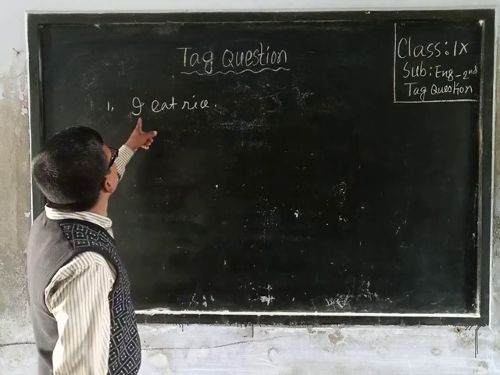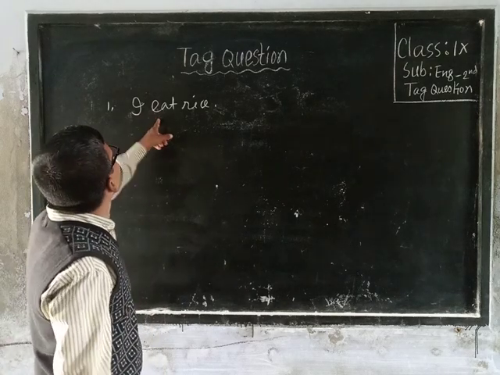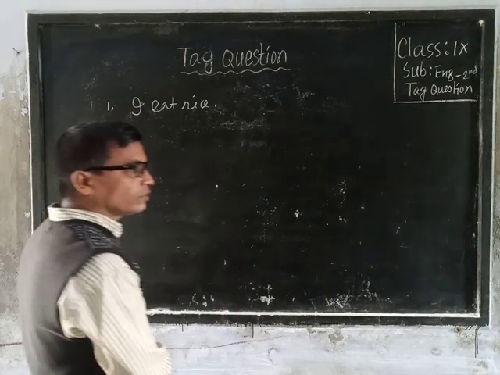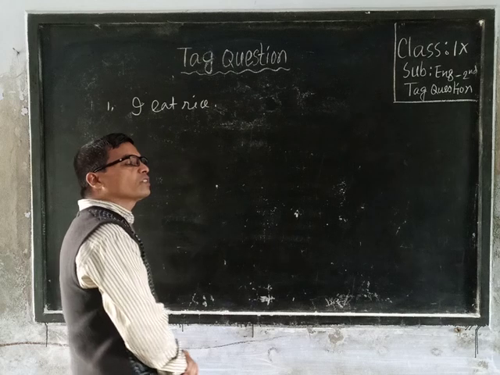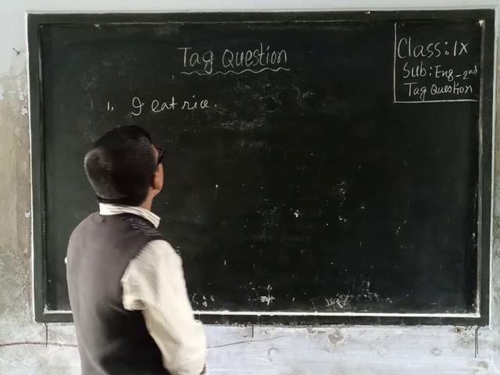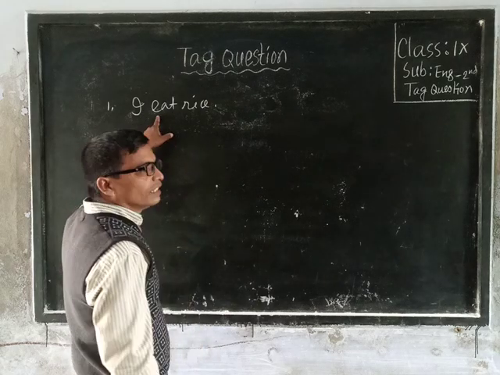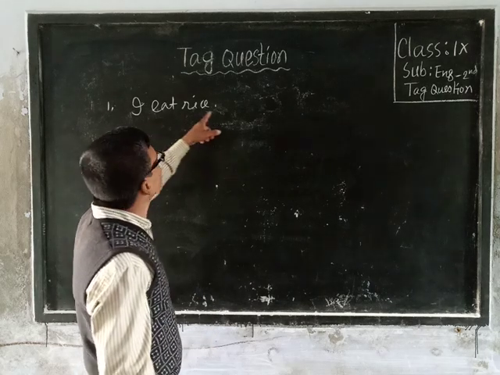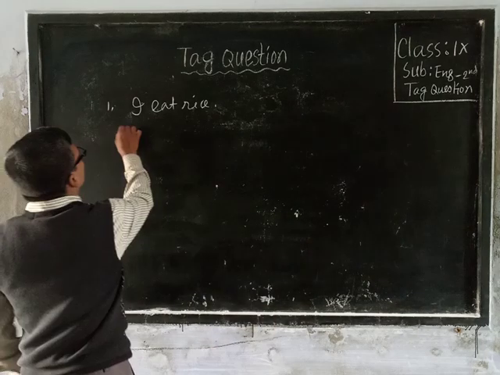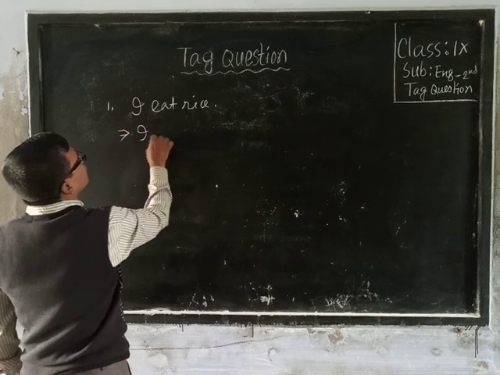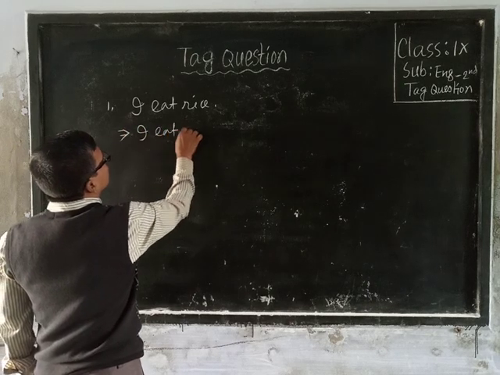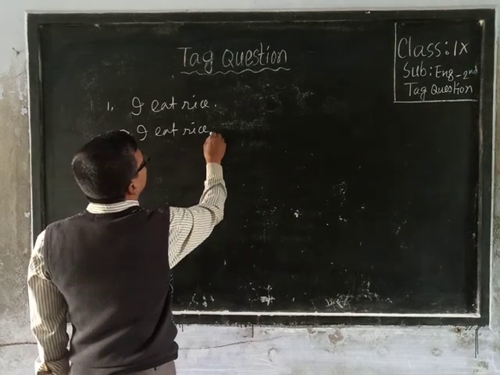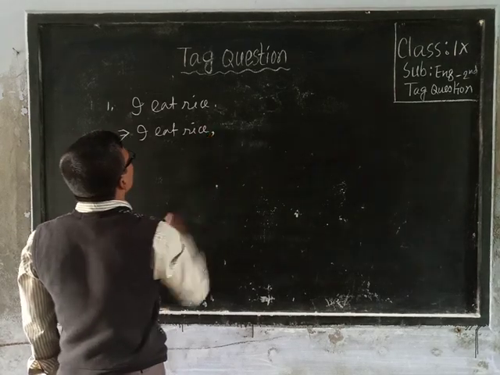So you see, this is present indefinite tense. So in present indefinite tense, we will use do. And as this is an affirmative sentence, we will use a negative tag here. Look dear students, I eat rice, and then we will put a comma.